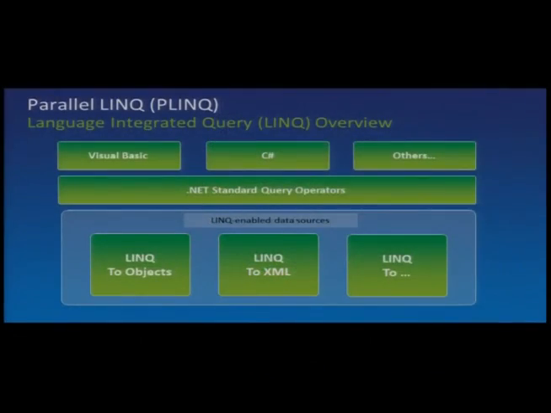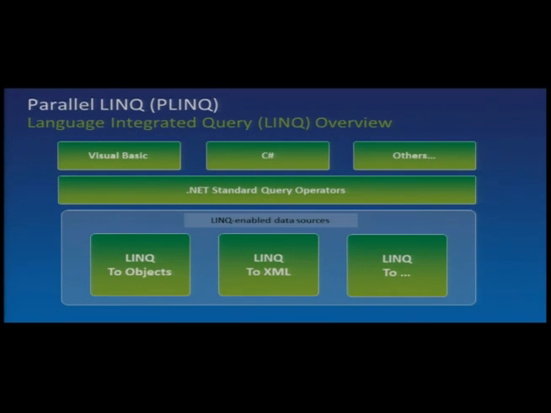The second feature area of parallel extensions is parallel LINQ. LINQ in .NET is the standard set of operators that you can use to query different types of data sources. So these are operators that are a lot like SQL operators. So they're going to be things like group by, order by, where, select.